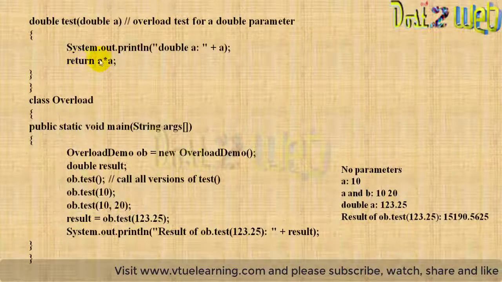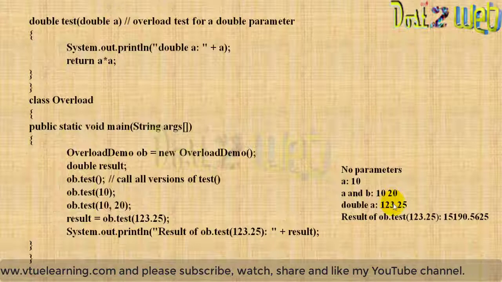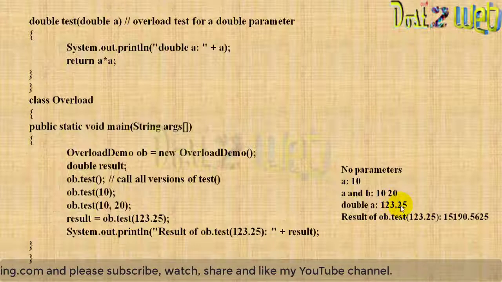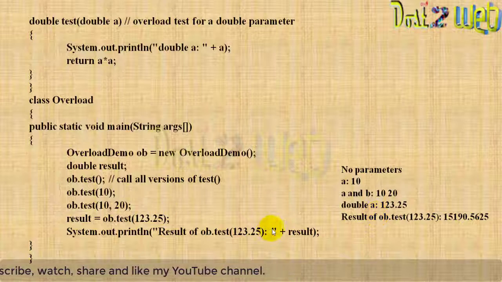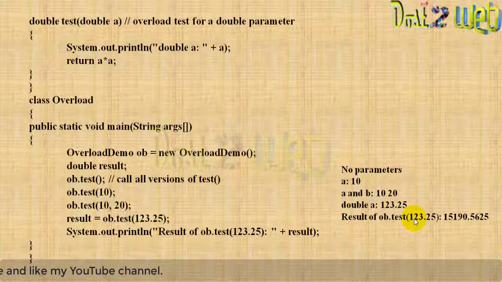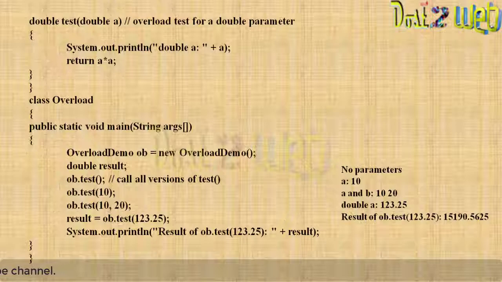Then what is going to be returned? a square. So what is the value? 123.25 squared. So you will get the result as this one. So the result value is 151 you are going to get. So in this way it is similar to C++ method overloading.